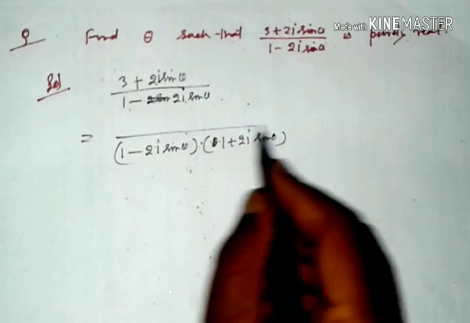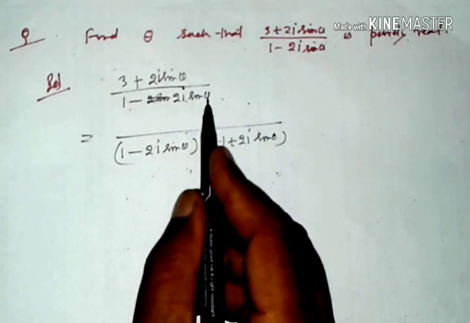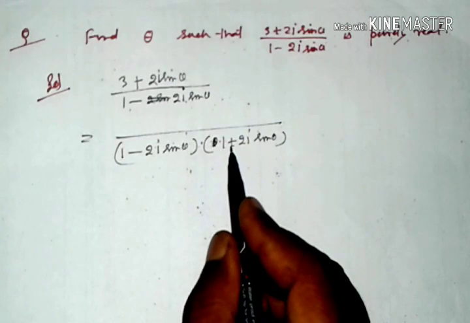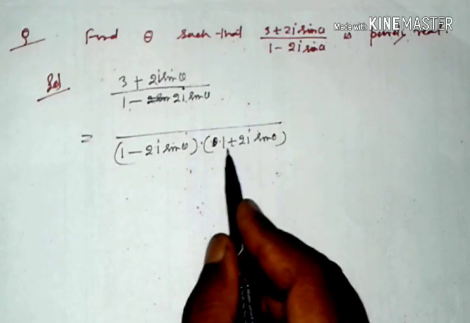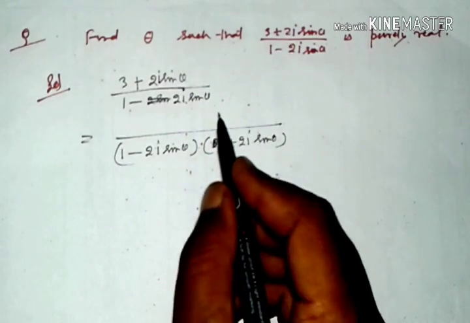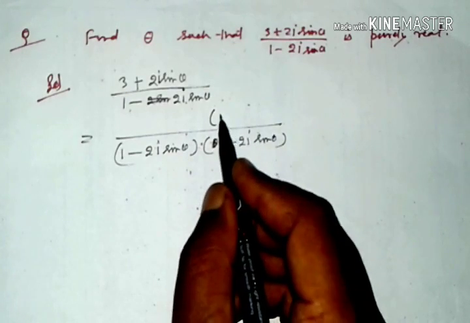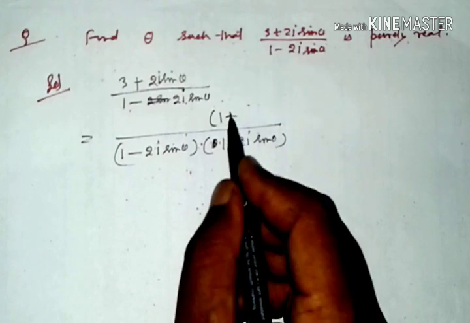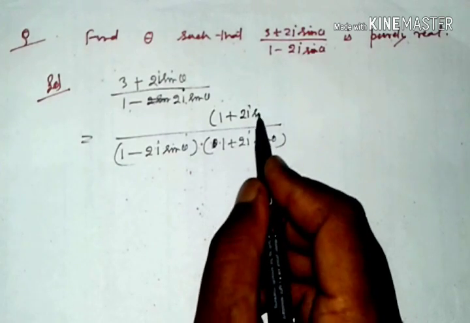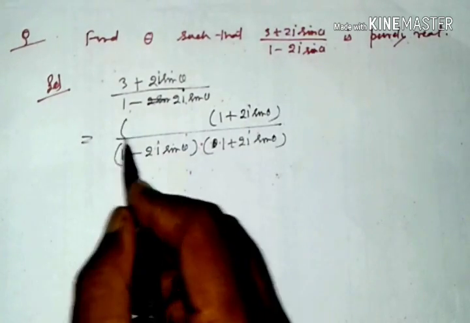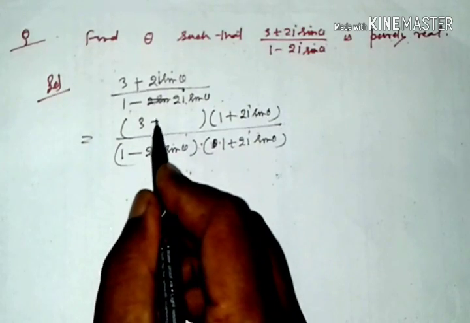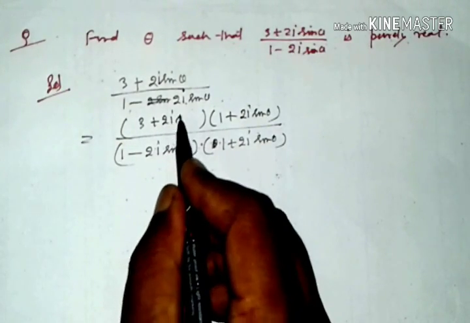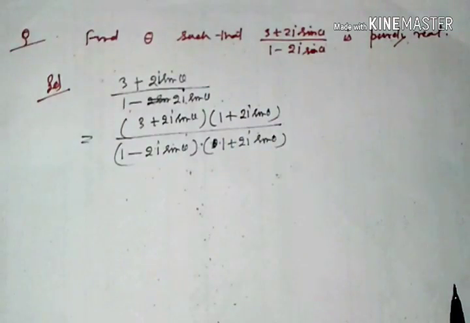So we multiply the denominator by 1 plus 2i sin theta, and the numerator also by 1 plus 2i sin theta, with 3 plus 2i sin theta.